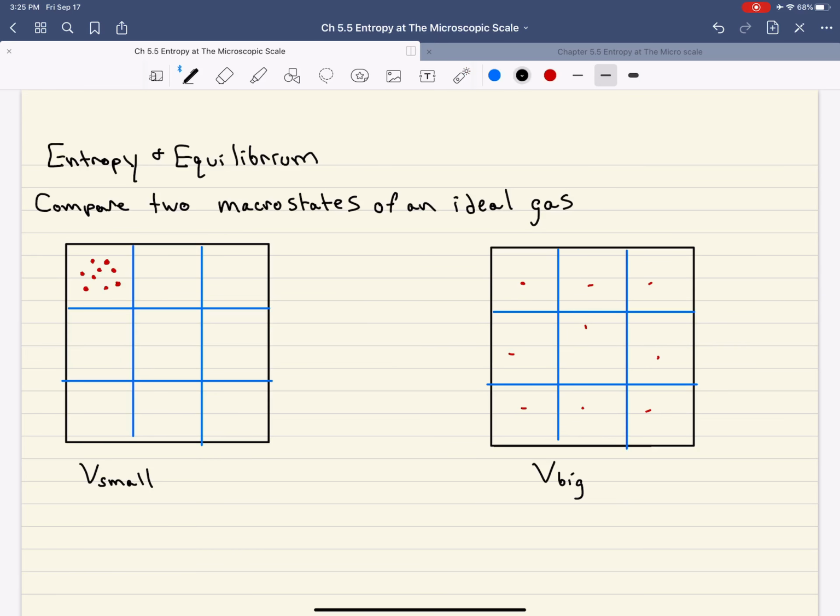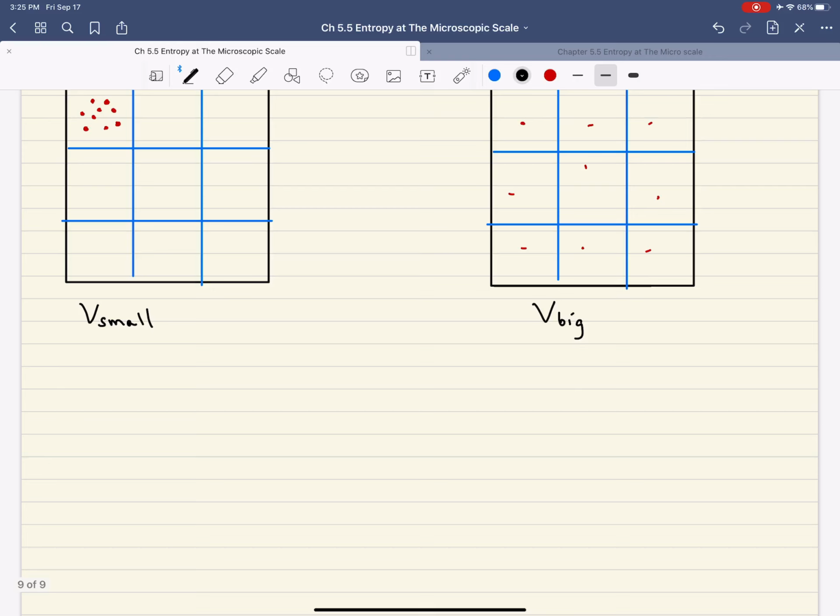As you remember from when we first talked about multiplicity, the number of different ways that we can arrange the molecules is proportional to the volume raised to the number of molecules in that system.